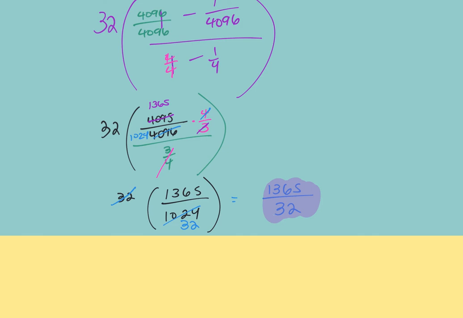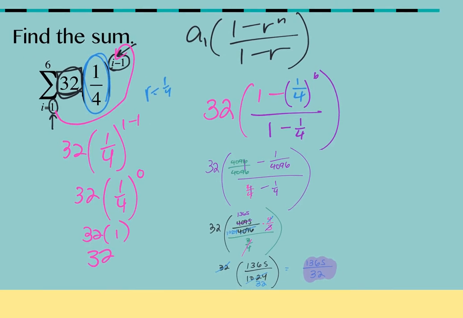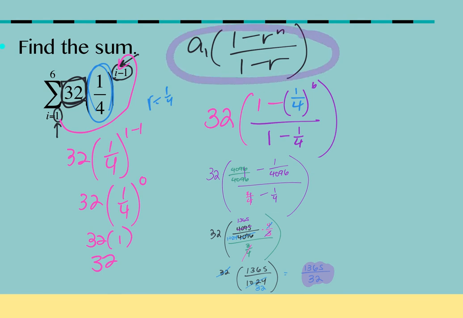So I'm going to walk through the process just one more time. We have to find a1, which is the thing that's not being raised to the power if the bottom number is 1. If not, we have to plug in the bottom number. That's your 32, right? Then we did 1 minus r. That's the thing that's being raised to the power, to the n, top minus bottom plus 1, which in this case is 6, over 1 minus r.